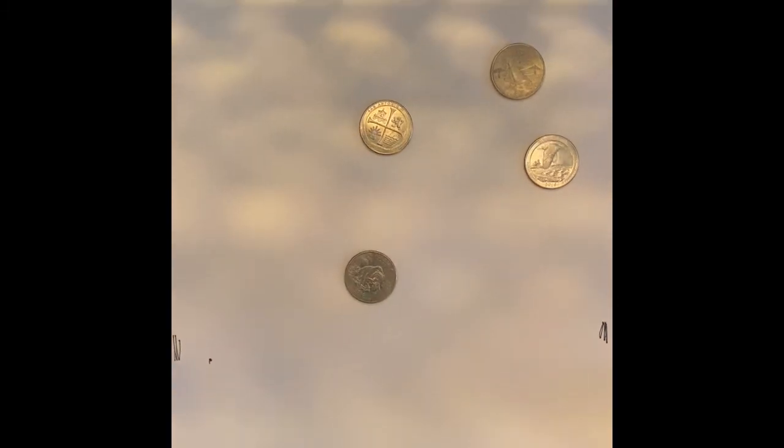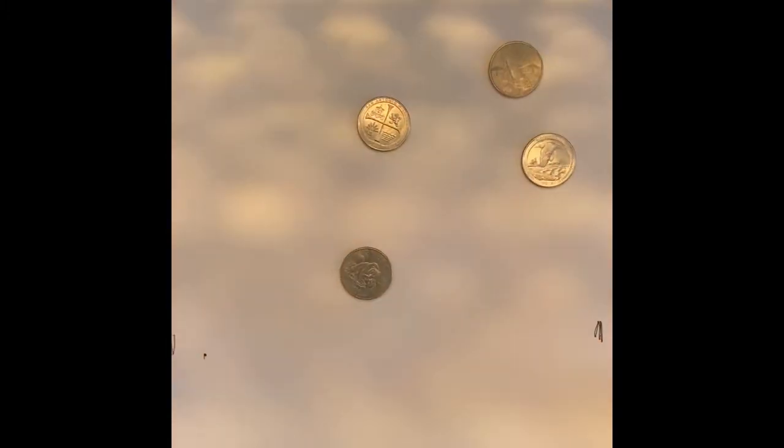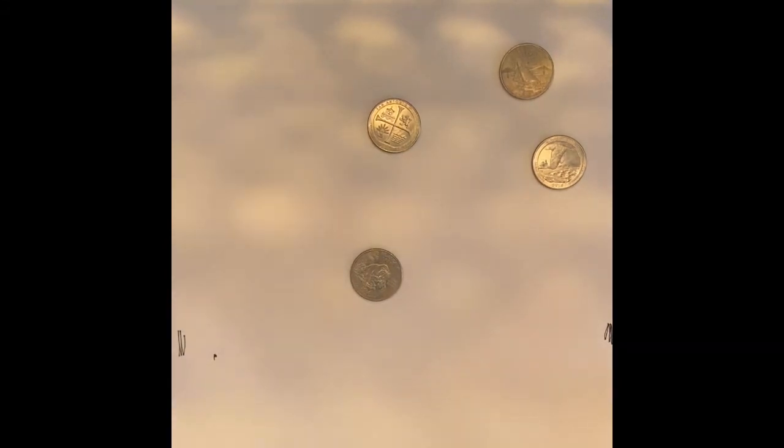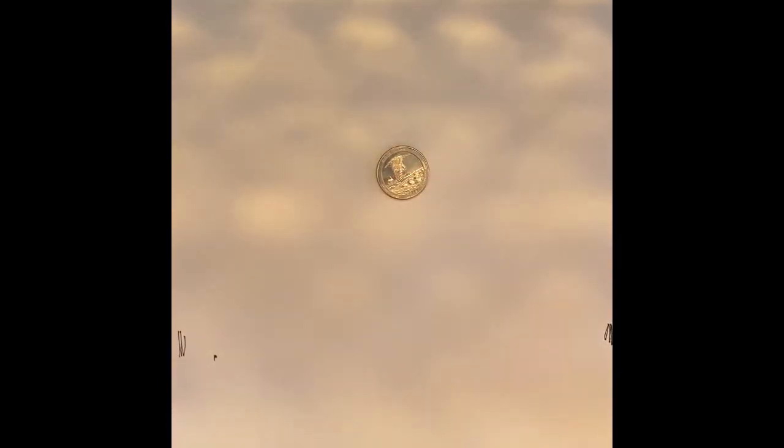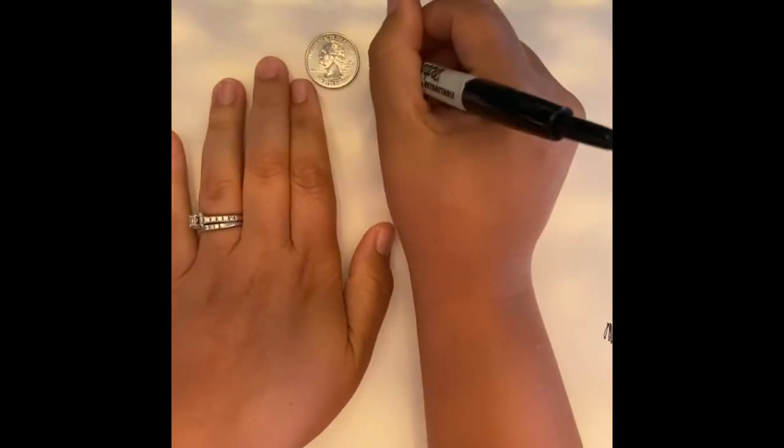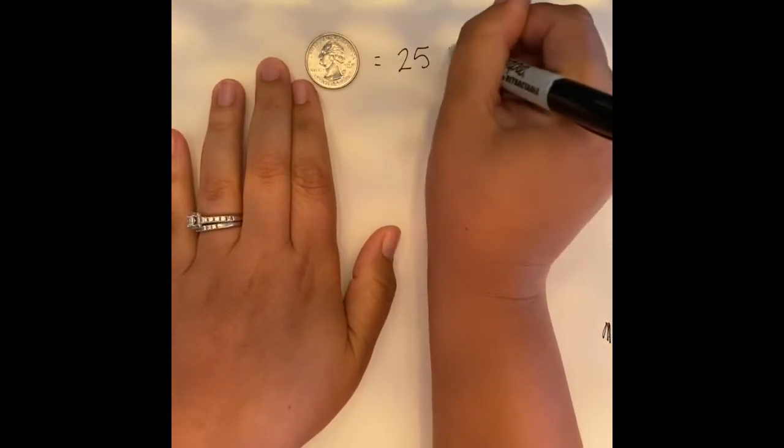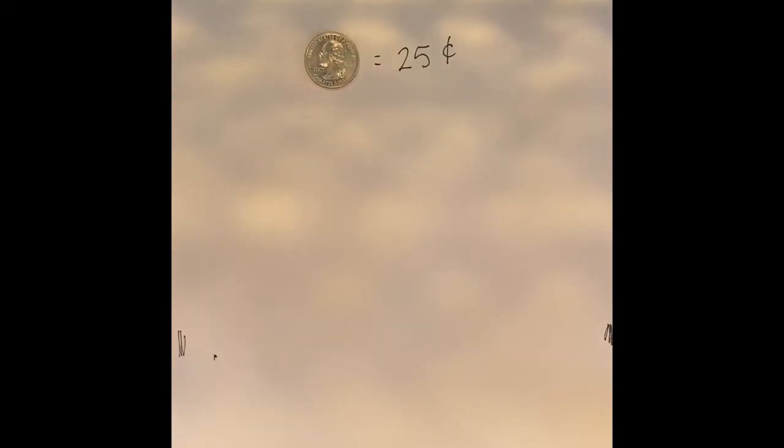So let me shift this because I think my light's off funky. Okay, let me fix my phone. Okay, so the quarter, do you guys know how much the quarter is worth? So there's my quarter. Okay, a quarter is worth 25 cents. Okay, so we write it as 25 cents like that. And a lot of things are based off of money in terms of quarter.